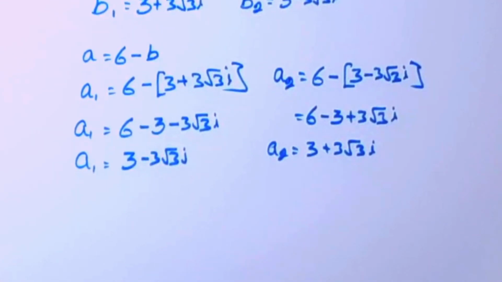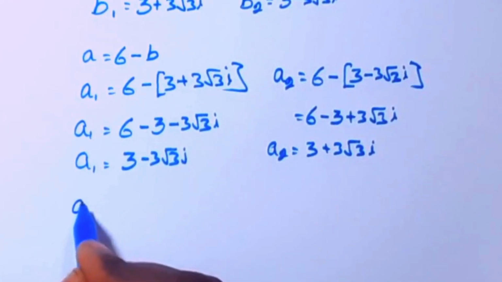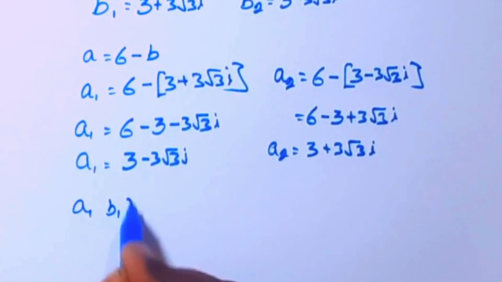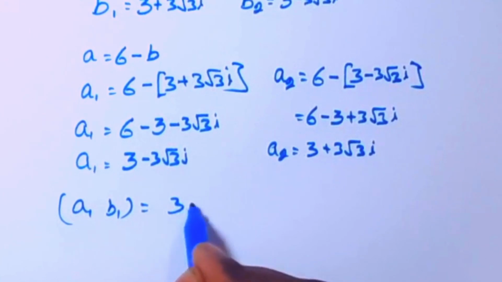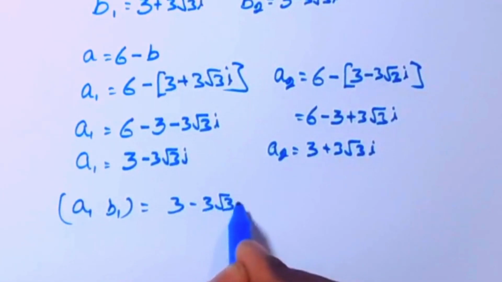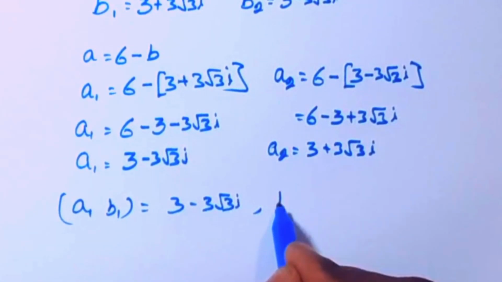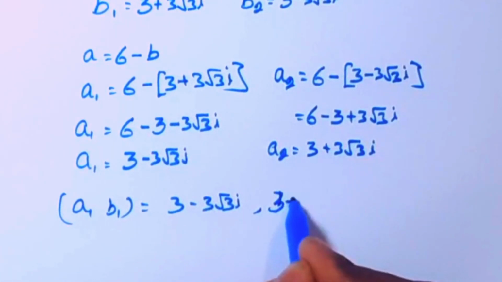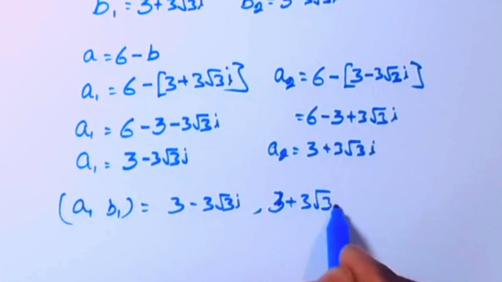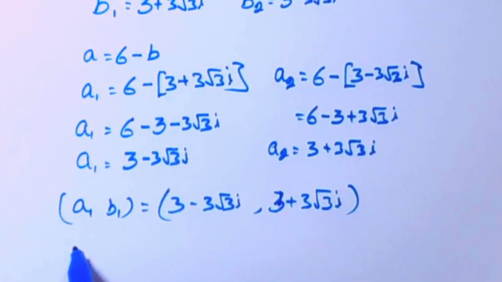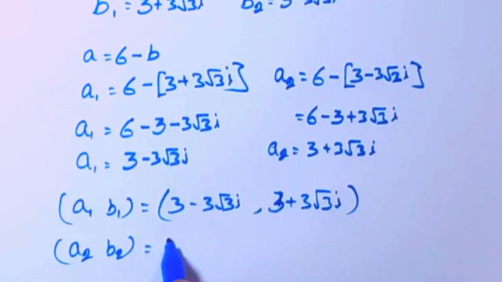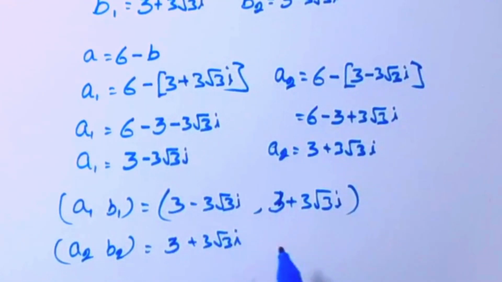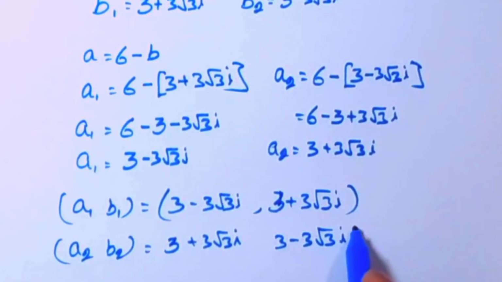Now we have a1, b1 equal to 3 minus 3 square root of 3i, comma, b1 equal to 3 plus 3 square root of 3i. This is the one. a2, b2 equal to 3 plus 3 square root of 3i, 3 minus 3 square root of 3i.